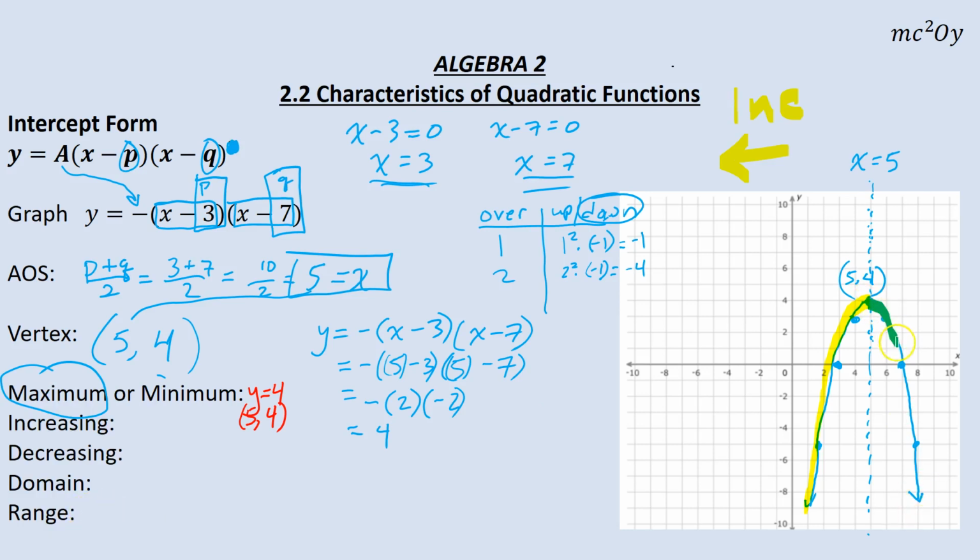So continue our graph, we're decreasing on this side. All right, and so looking at that, we are increasing when x is smaller than, notice there, 5, or less than 5, and we are decreasing when x is greater than 5. Okay, it all starts with that axis of symmetry.